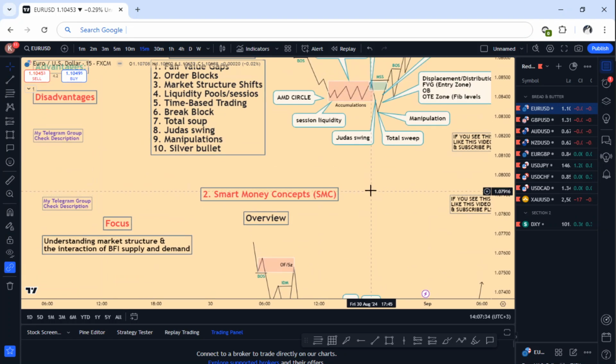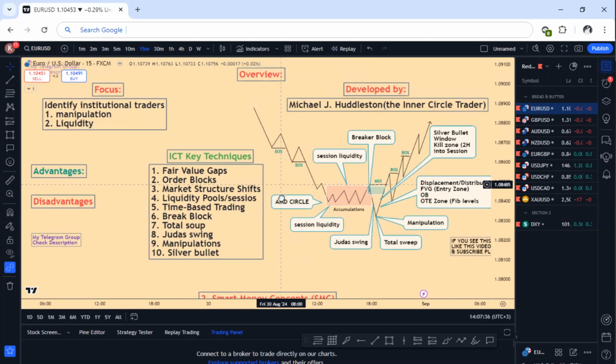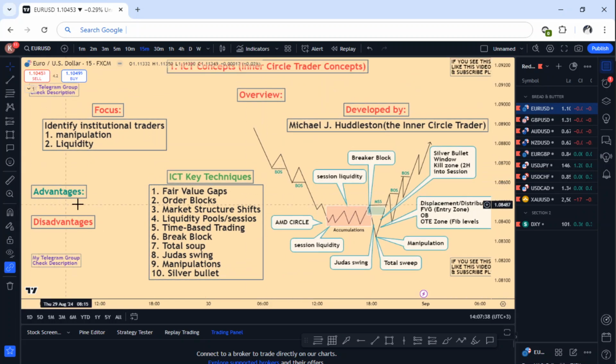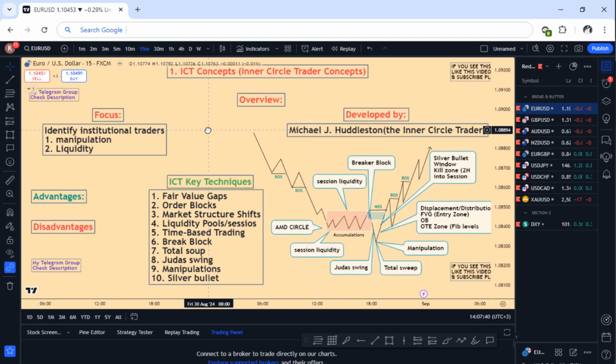Before we move to smart money concept, I want you to take note that the ICT trading style has its own advantages and disadvantages, as I've indicated here. One advantage is that it provides a deeper understanding of market manipulation and institutional behaviors.